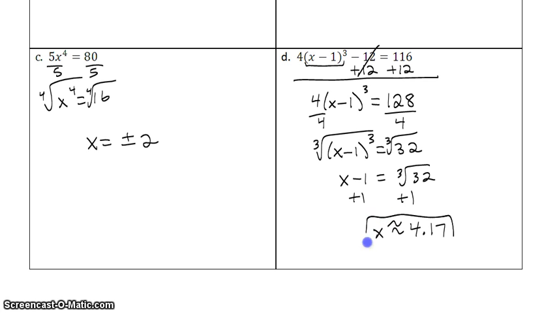So that's our approximate answer. And I just typed into my calculator cube root of 32 and then plus 1. Some calculators, depending on your model, you may need to do a close parentheses after the 32, depending on your calculator type.